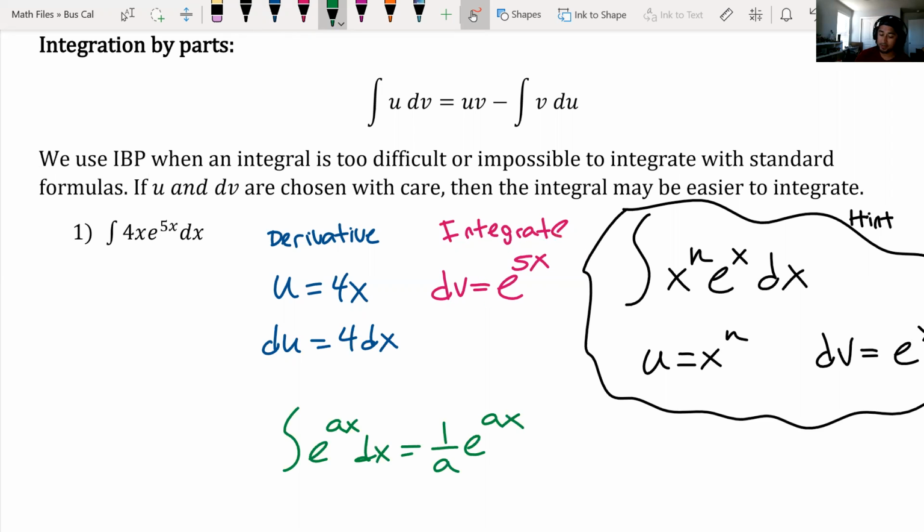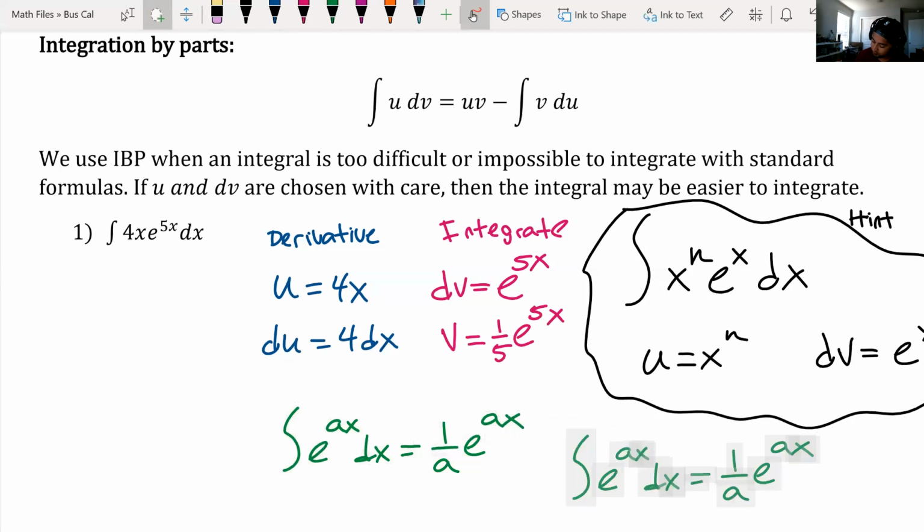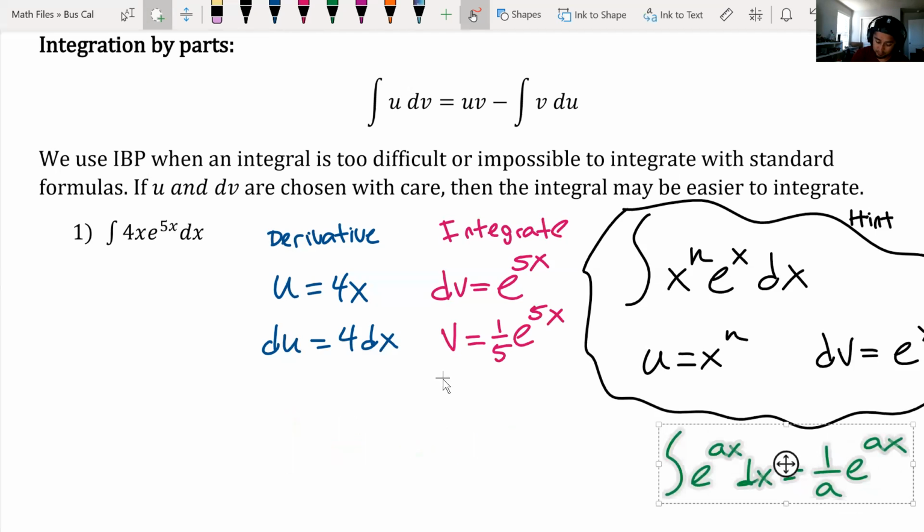So the antiderivative of dv is v, and the antiderivative of e to the 5x is 1/5 e to the 5x.